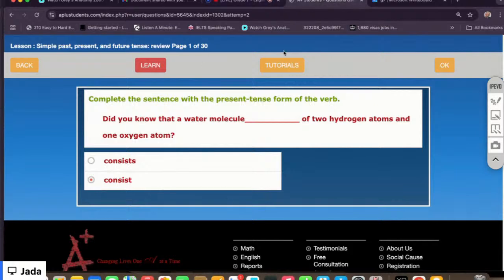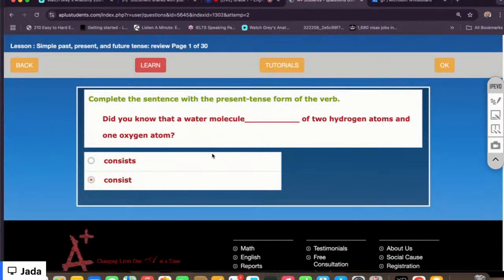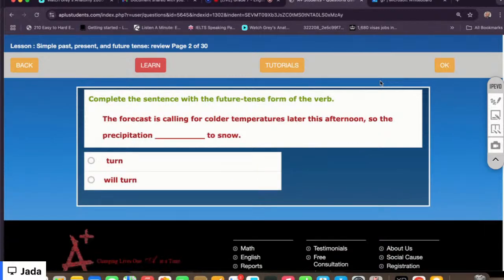What do you think is the right answer here? So consists, with the S.